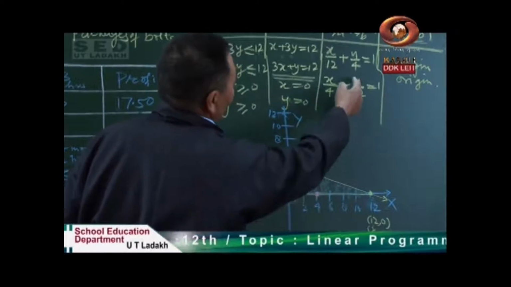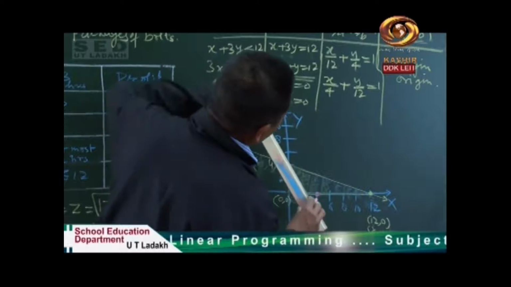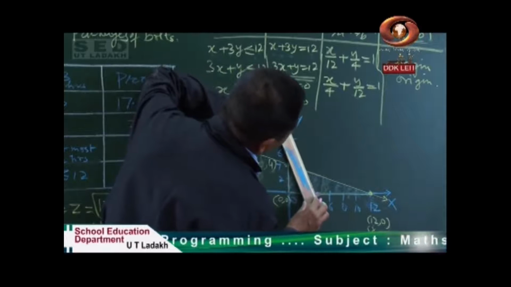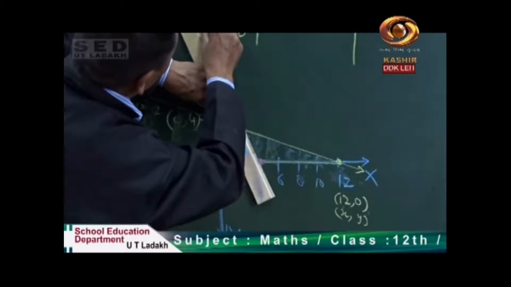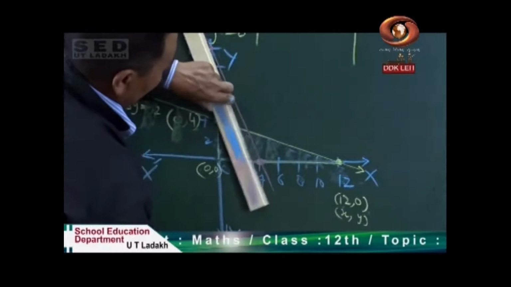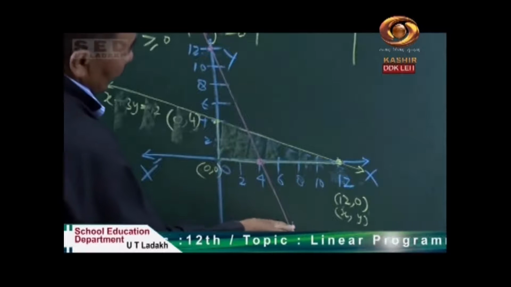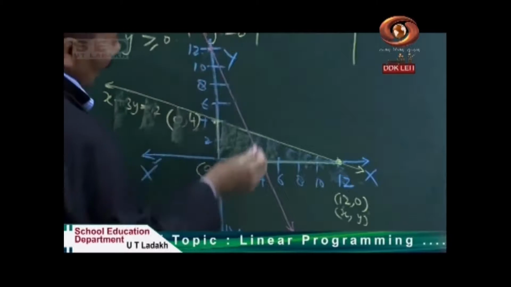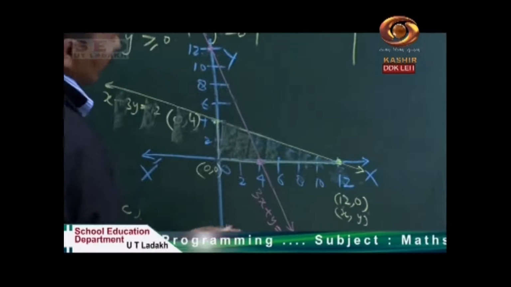Y-axis at 12, that means somewhere here. If I join these 2 points, then it becomes another straight line. The name of that straight line is 3x plus y equal to 12.